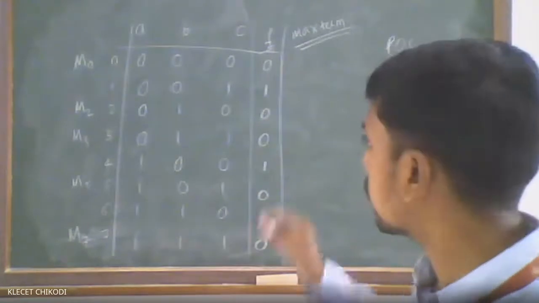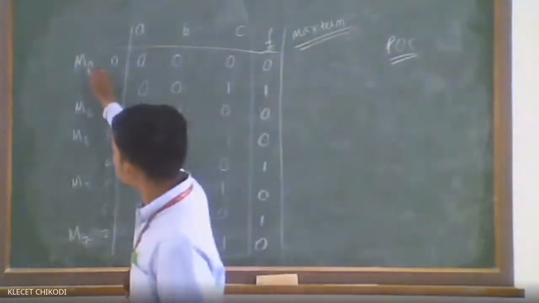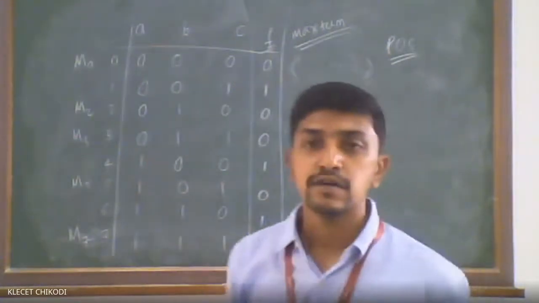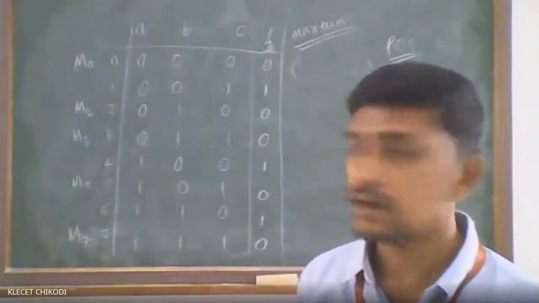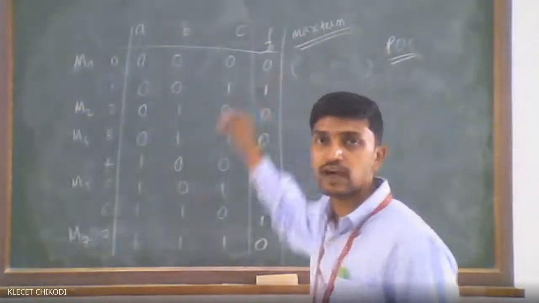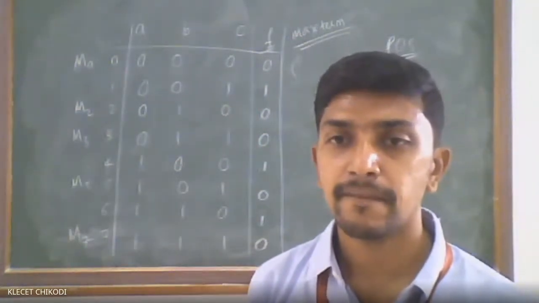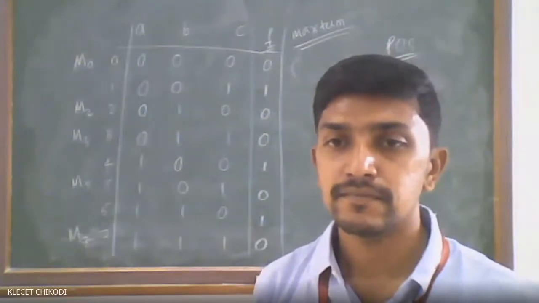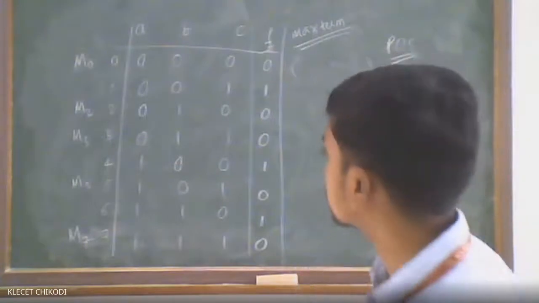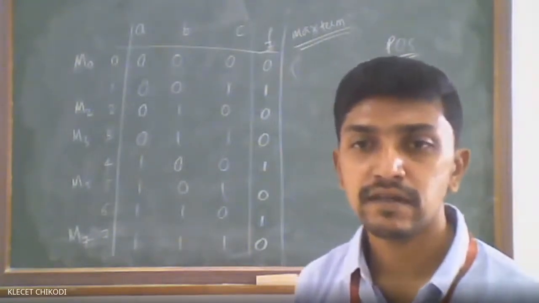Fine. Now what you have to do? You have to write the respective sum term. The respective sum term for M0, considering A, B and C. What is the respective sum term for the M0 max term?